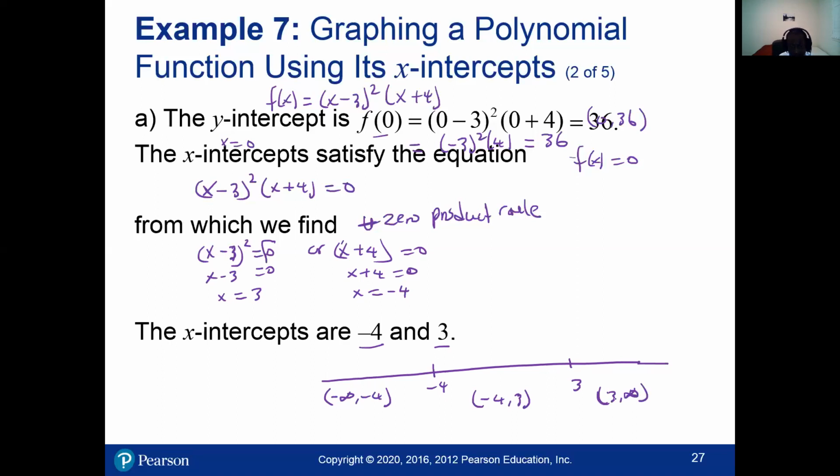These are the intervals. We're going to test them and see where the graph is above or below the x-axis. So this takes us to the second part of the question.